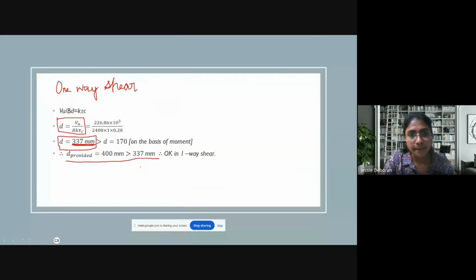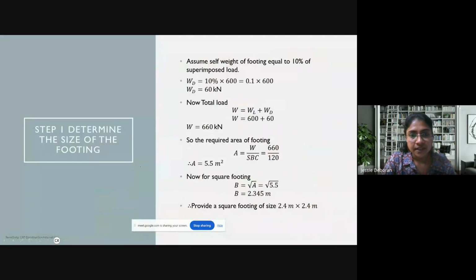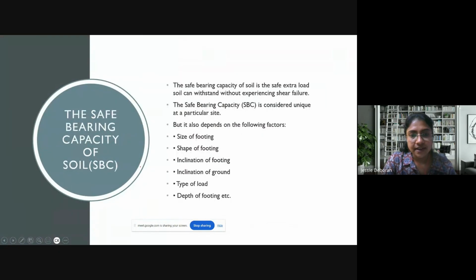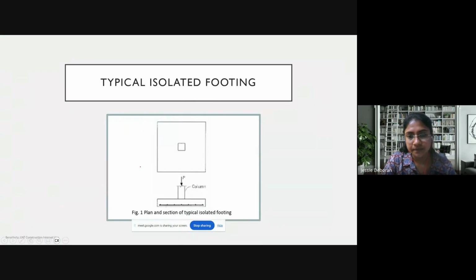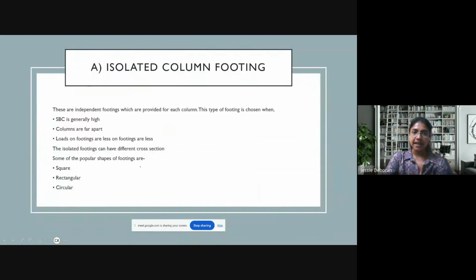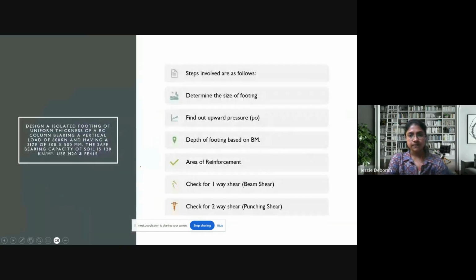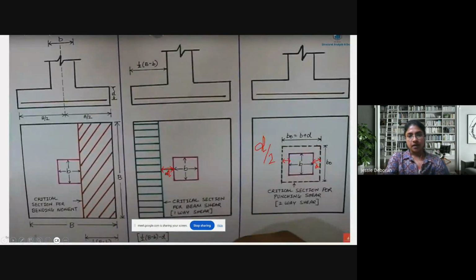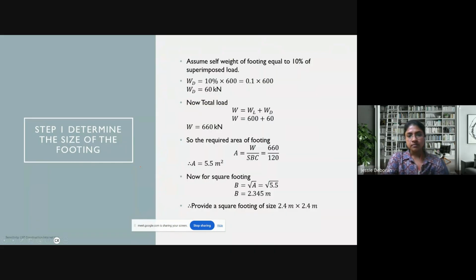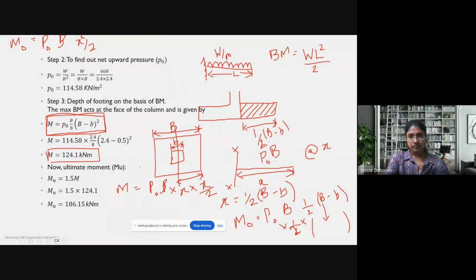With this we have completed the design of a single isolated square footing. Any doubts? First, what did we see? We saw the steps involved. First we found out the size of the footing. Then we went to upward pressure, how to calculate upward pressure. With that we came to the depth of the footing on the basis of bending moment.